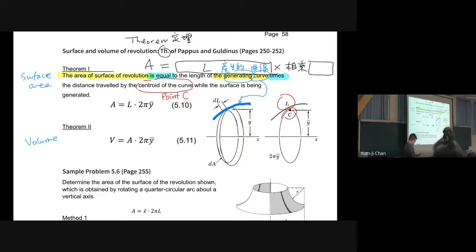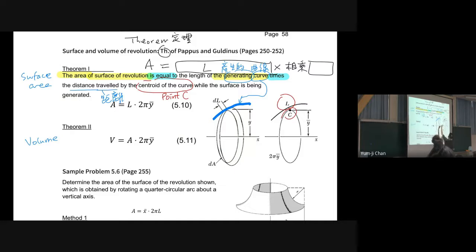The distance traveled means the length it has gone, right? So for this one, the distance traveled is this one.